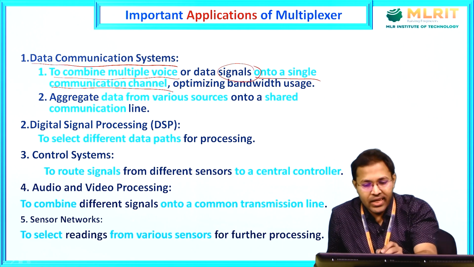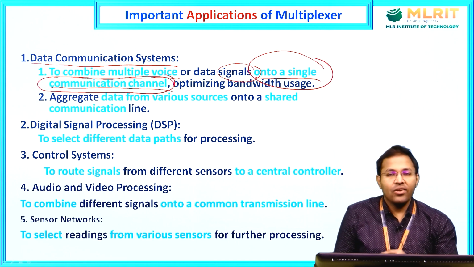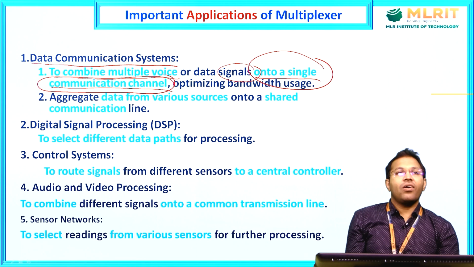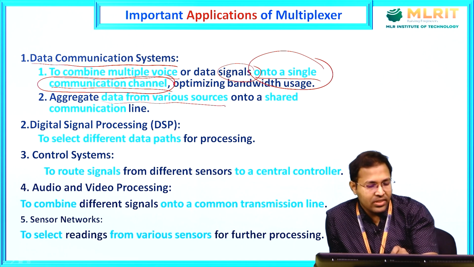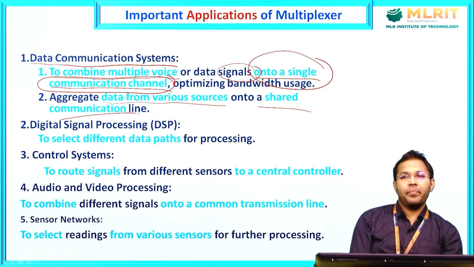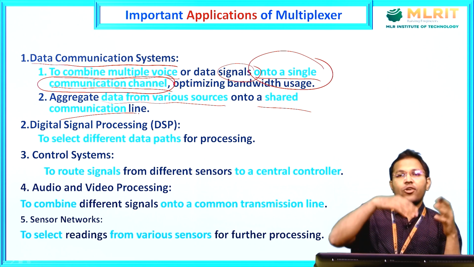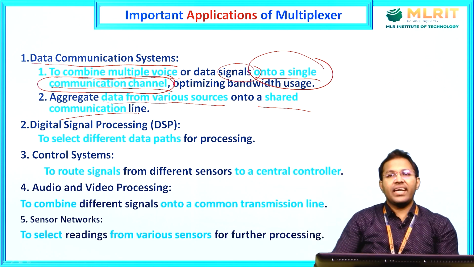This is valid for the case when you are multiplexing onto a single line. Then we can have data from various sources onto a shared communication line. It could be voice signals, you are multiplexing all the voice signals onto a single line.